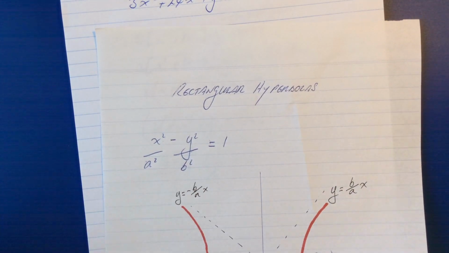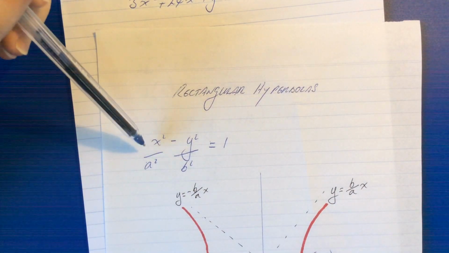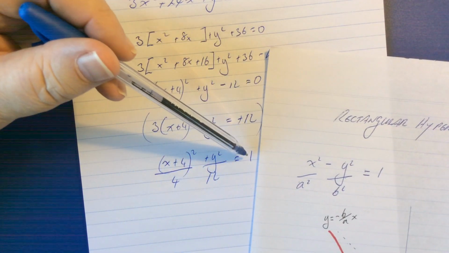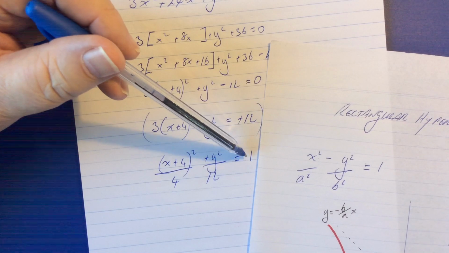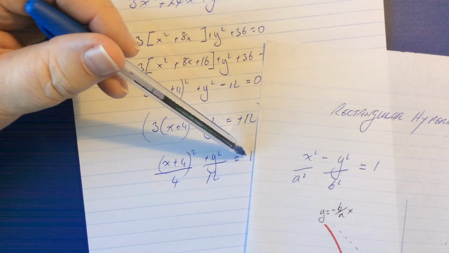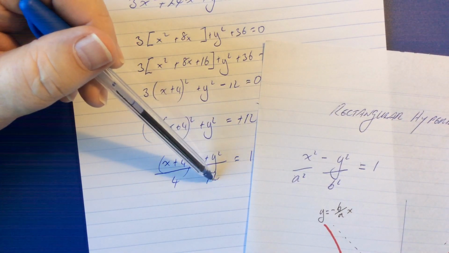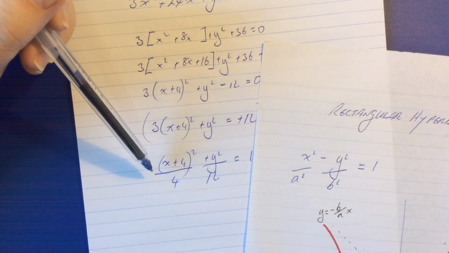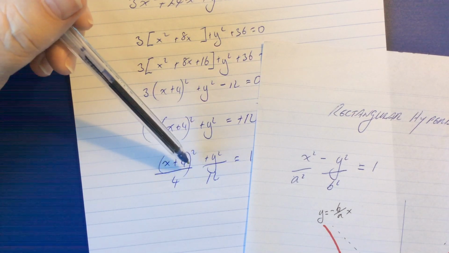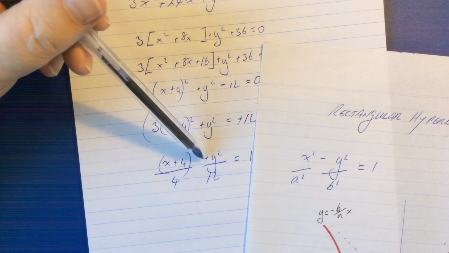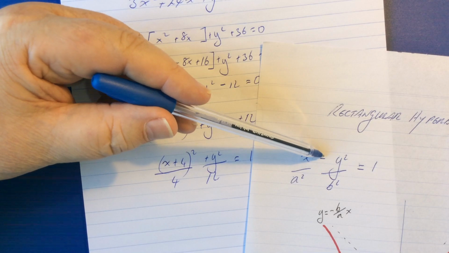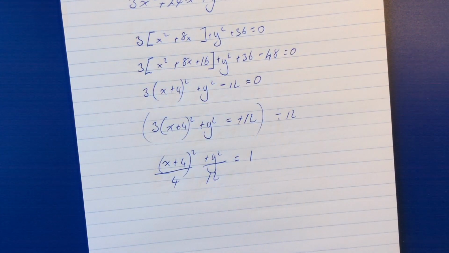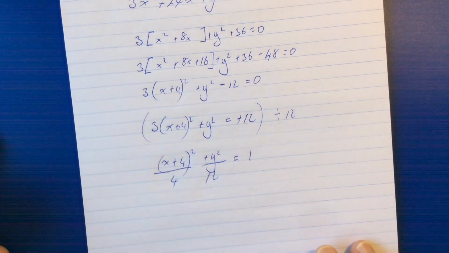And I've just got an old note here just to show you the difference. We've got the 1 on the end of the equation. This may be something squared. That certainly is 2 squared. But we've got a positive y squared here, and this is negative. So a hyperbola it is not. What it is, it's an ellipse.